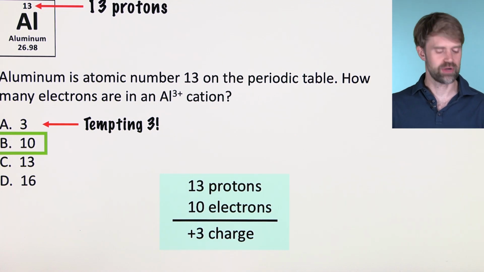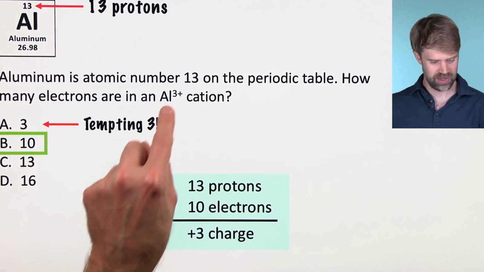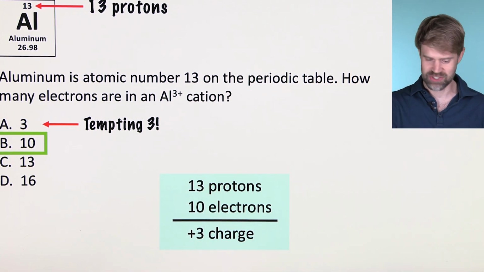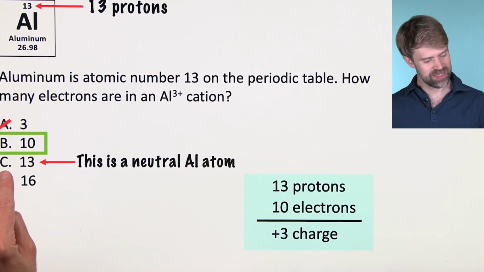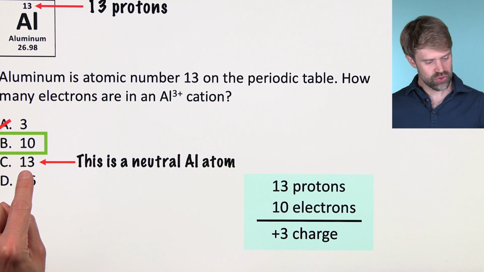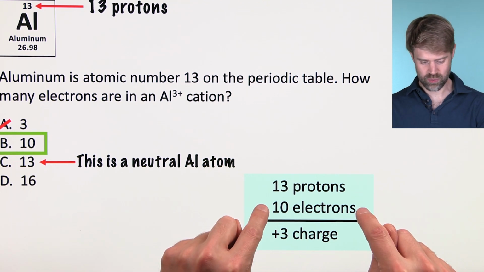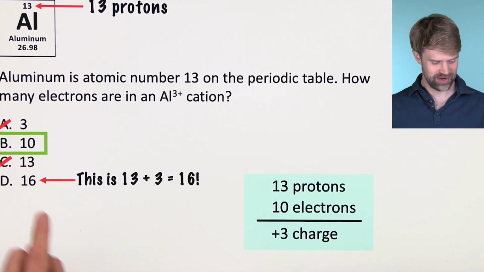There are a few things to point out here. A might be tempting because of the 3, and we're talking about a 3+ charge, but that's just there to trick you. Choice C is 13 electrons, which would be a neutral atom. And finally, look at that.